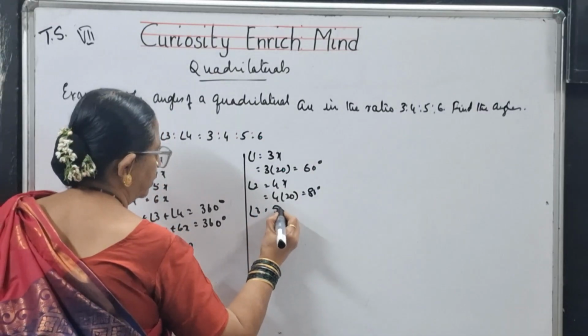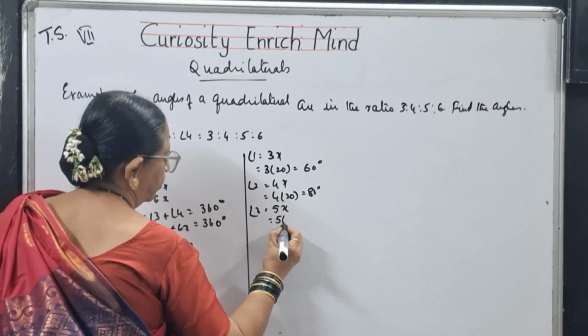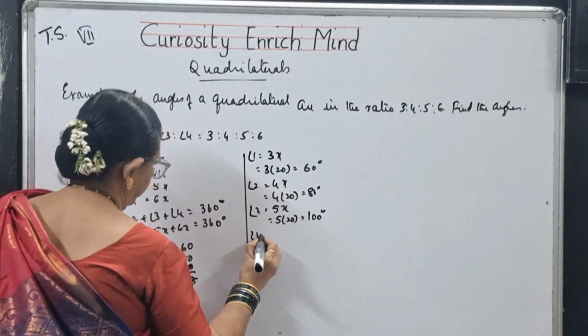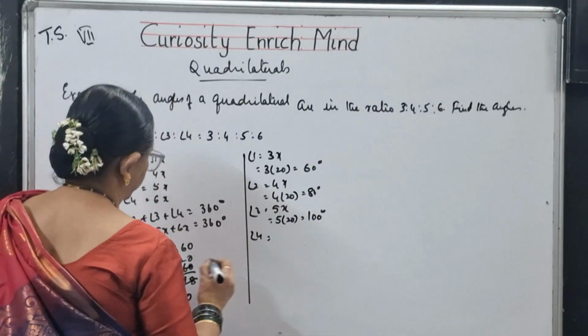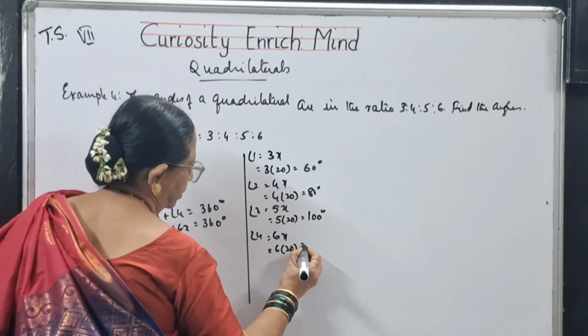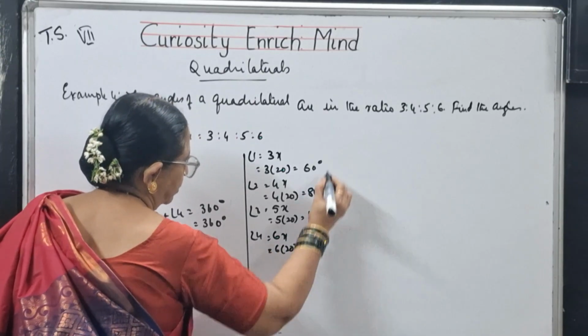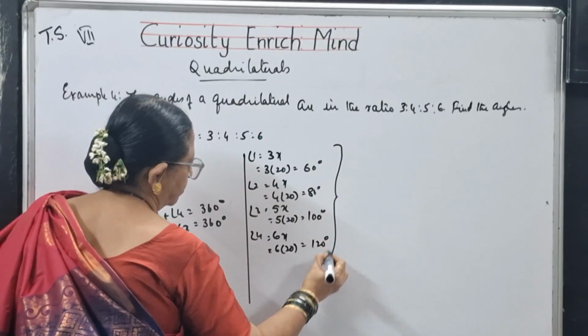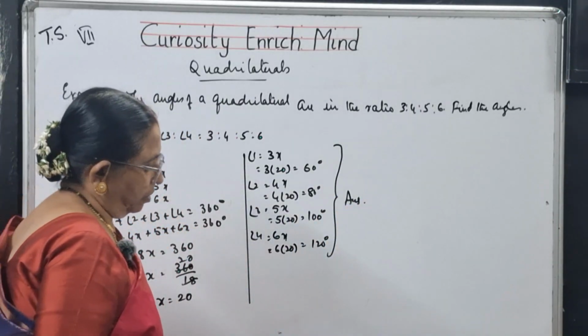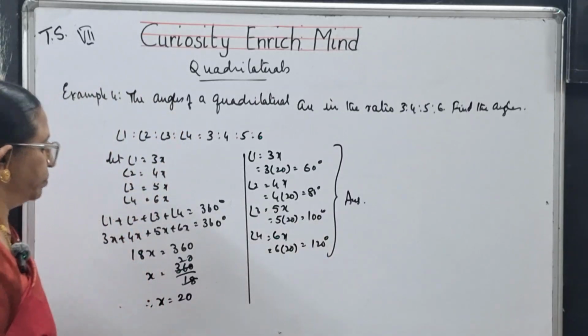Angle 3 is equal to 5x. 5 into 20, 100 degrees. Angle 4 is equal to 6x. 6 into 20, 120 degrees. So these are the measures of all the four angles, children.